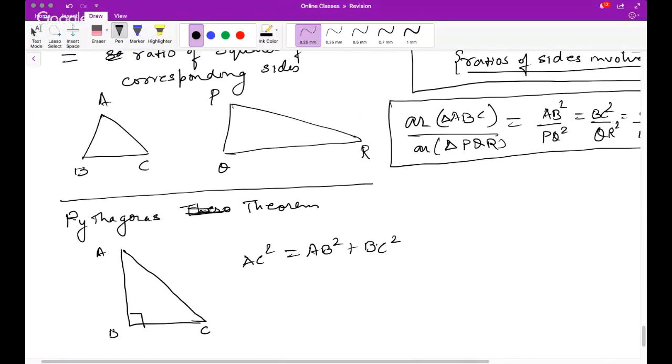Fair enough. So this is about Pythagoras, and then you used a lot of applications of Pythagoras theorem. We'll talk about applications a little later. There was also a proof based on similarity.